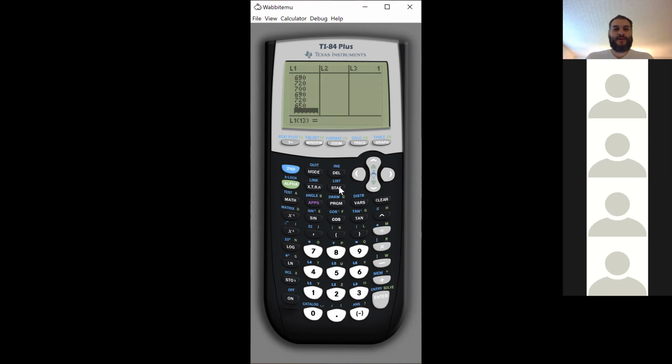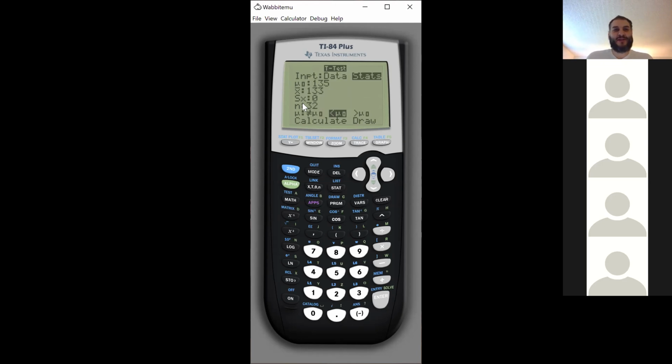Now I'm gonna go to stats and move over to test. Remember, we're not given the population standard deviation, so we're not doing a z-test. We're gonna move over to a t-test. One thing I want you to note for the t-test: where it says Sx, it's asking you for the sample standard deviation.